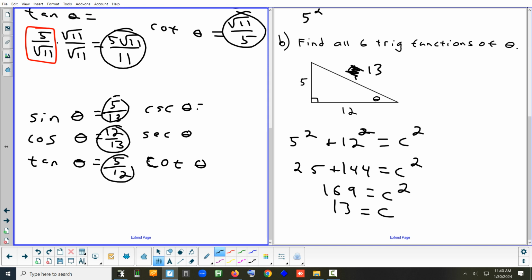On cosecant? 13 over 5, yeah. My secant? 13 over 12. And what about my cotangent?